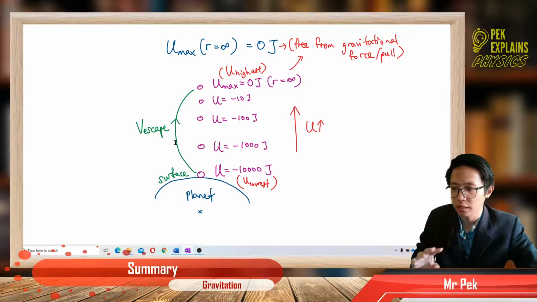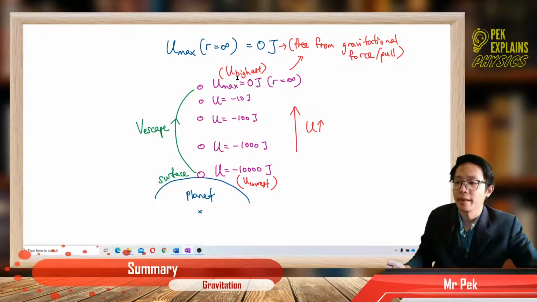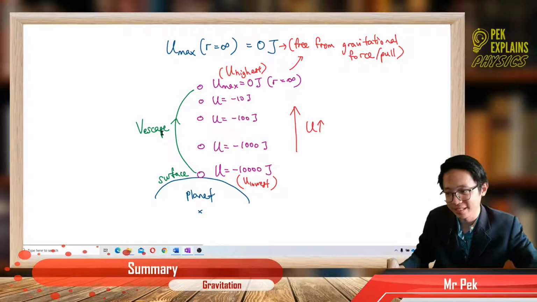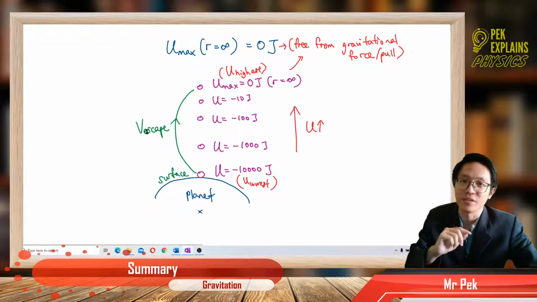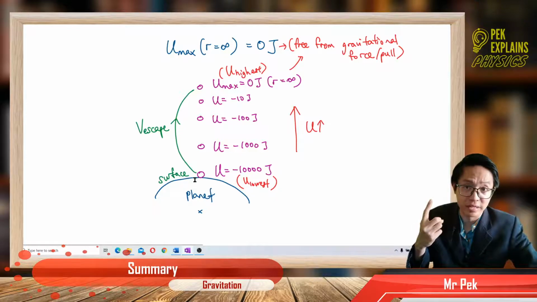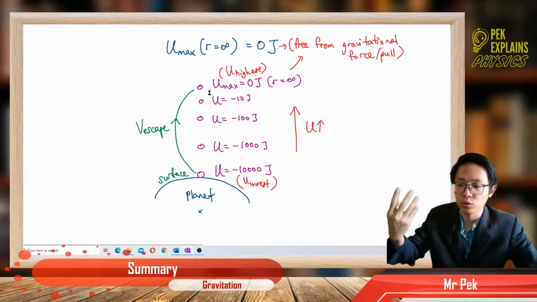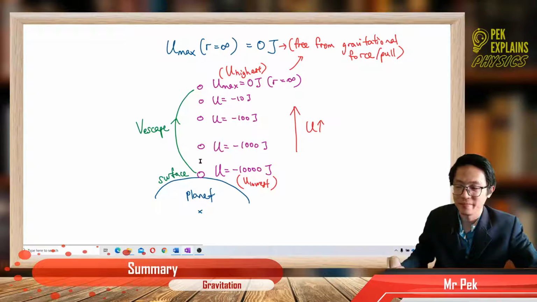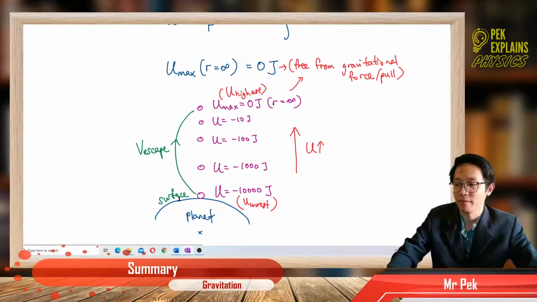You need to jump with a velocity which we call escape velocity, to provide you enough kinetic energy to convert to potential energy. So that's called escape velocity, to jump from most negative to become U equal to 0 from the surface.